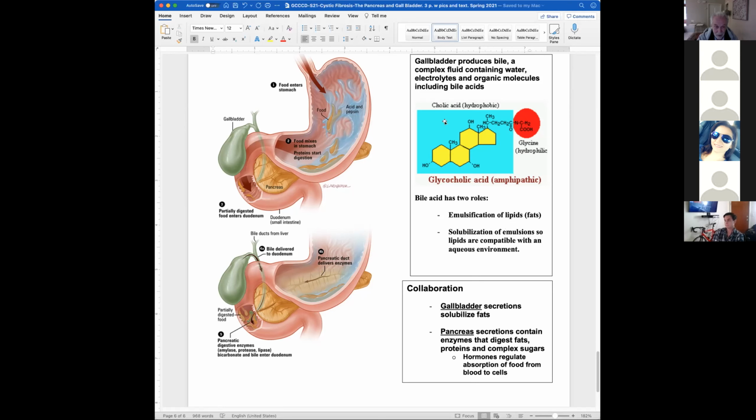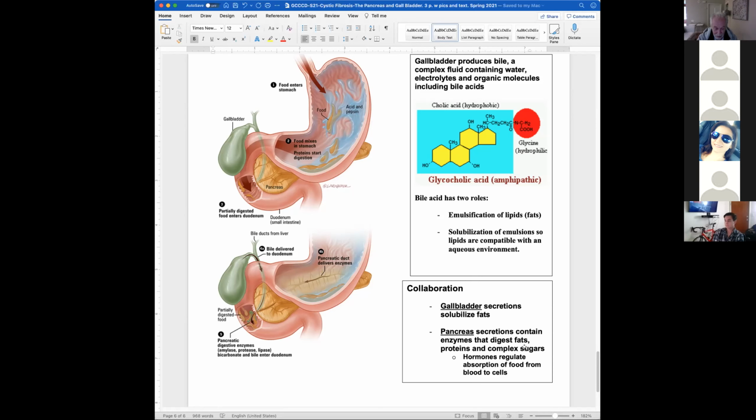And so the gallbladder solubilizes fats. The pancreas digests them. The pancreas has lipases to digest fats, proteases for proteins, nucleases for nucleic acids.